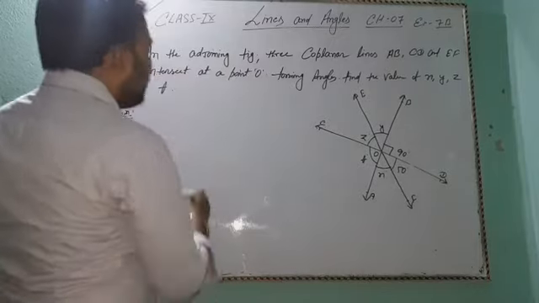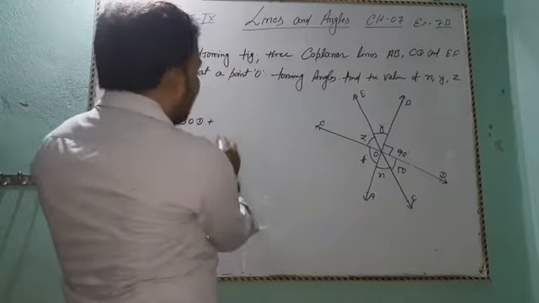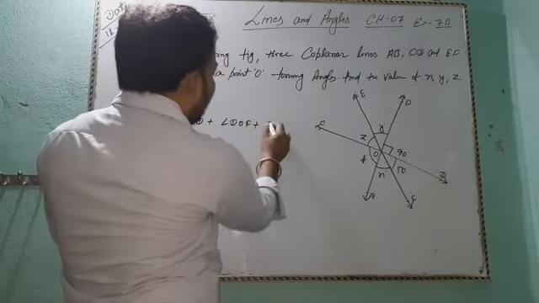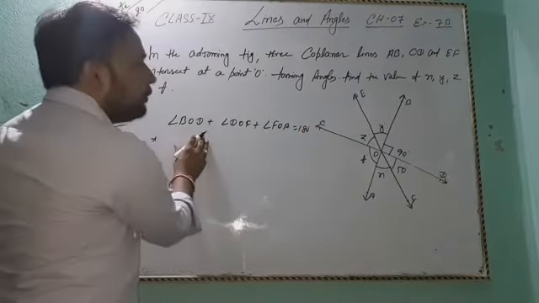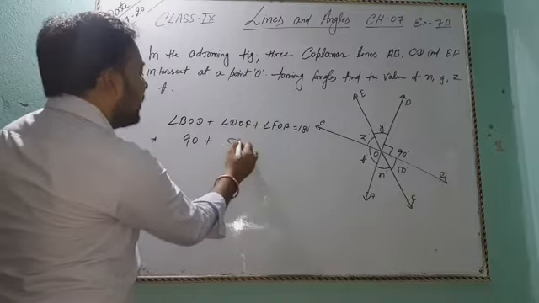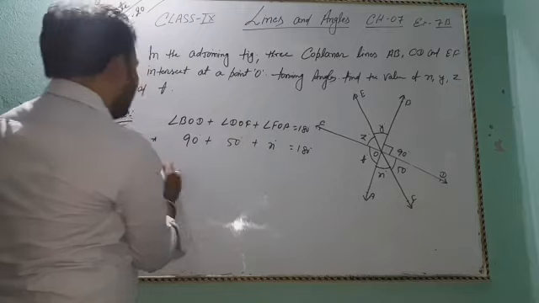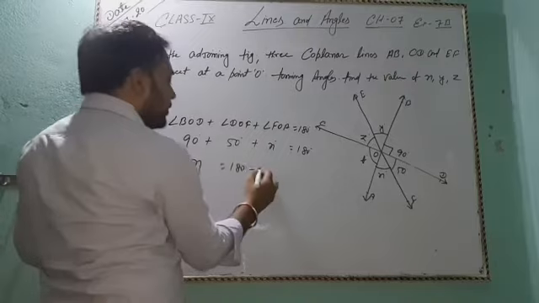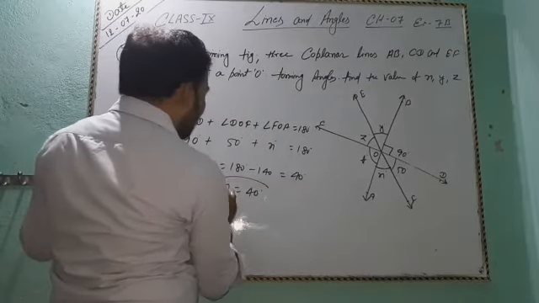So we write angle BOD plus angle DOF plus angle FOA equals 180 degrees. Angle BOD equals 90 degrees, angle DOF equals 50 degrees, and angle FOA equals x degrees. So the value of x equals 180 minus 140, which is 40 degrees.